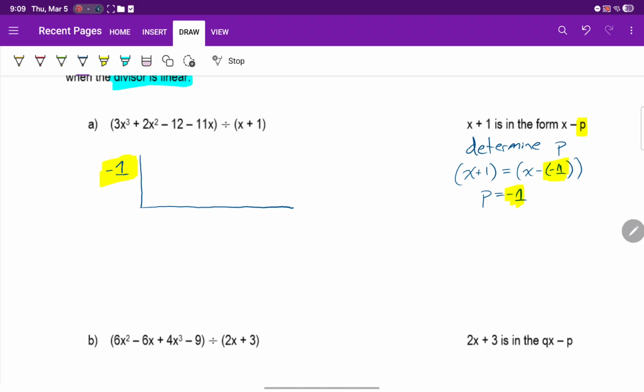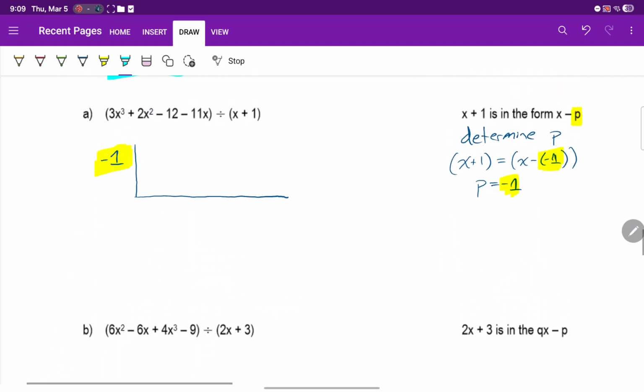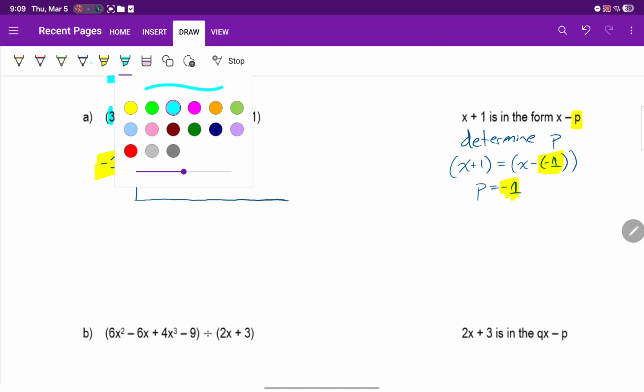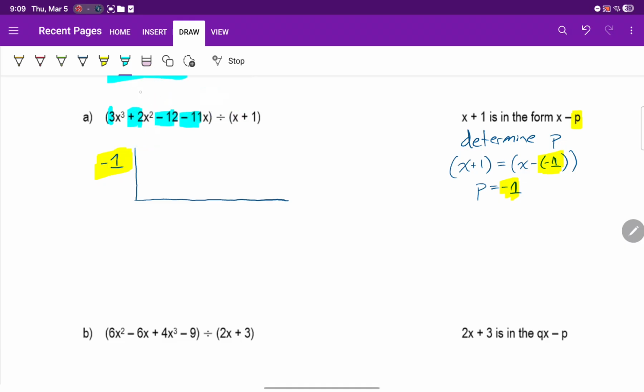Now, the other numbers that we're going to write down are our coefficients, which are 3, 2, negative 11, and negative 12. What is important here? What rule did we say we needed to remember? The rule is that these are in order.